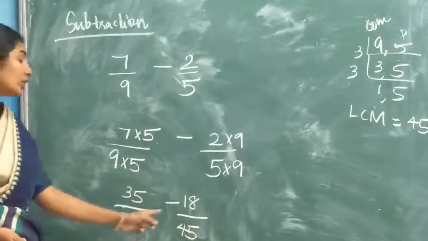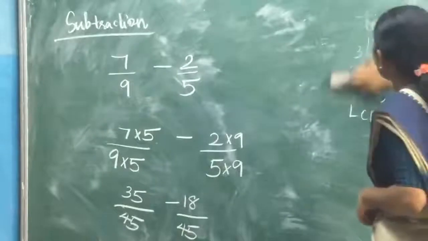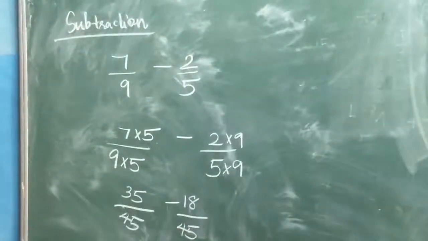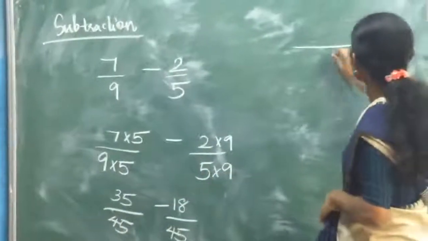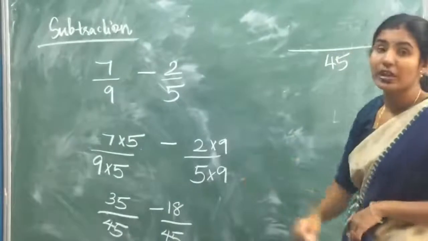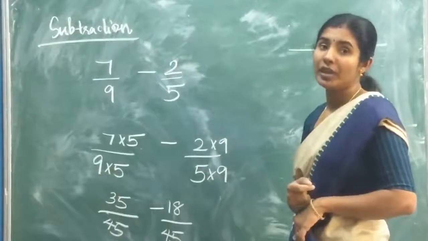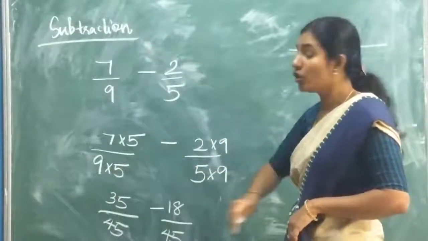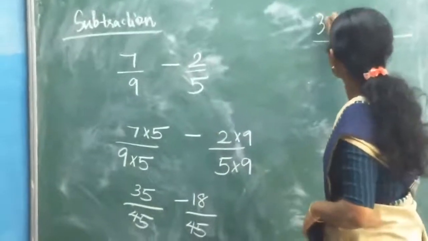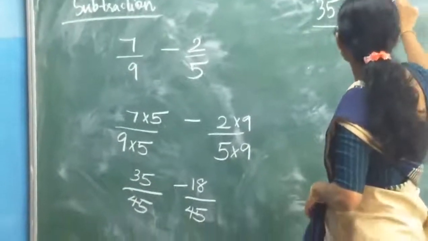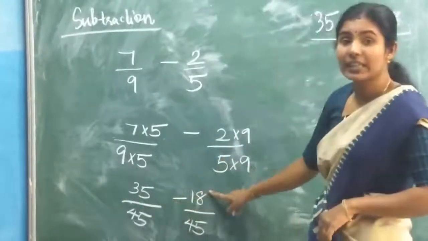Now we see both rational numbers have the same denominator. So what should you do? Take the denominator common, which is 45. There we were adding the numerators. Here for subtraction, what should you do? Subtract the numerators. Which are the numerators? 35 and 18. So the numerators we should subtract. 35 minus 18.